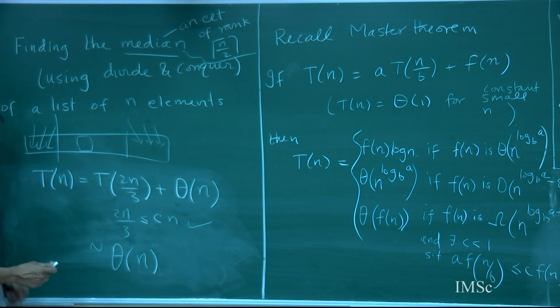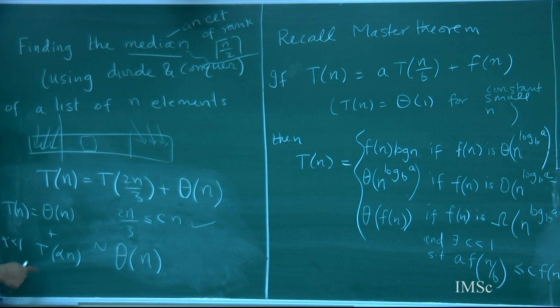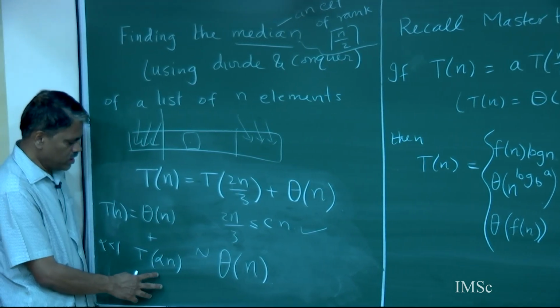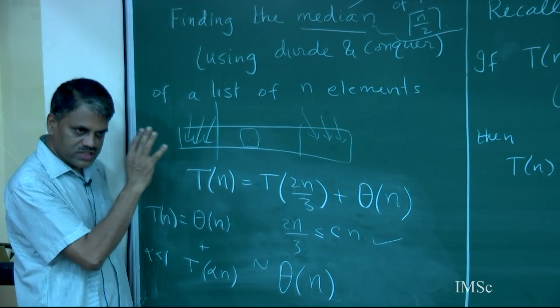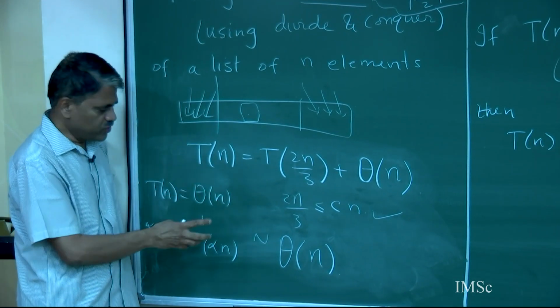So if I write T of n is theta n plus T of alpha n for alpha less than 1, instead of 2 by 3, I have some alpha n for alpha less than 1. Same story, because a is 1, whatever b, as long as b is greater than 1, then n power log a to the base b would be a constant, and this is theta n, and so you have a theta n. So this is what would dominate.